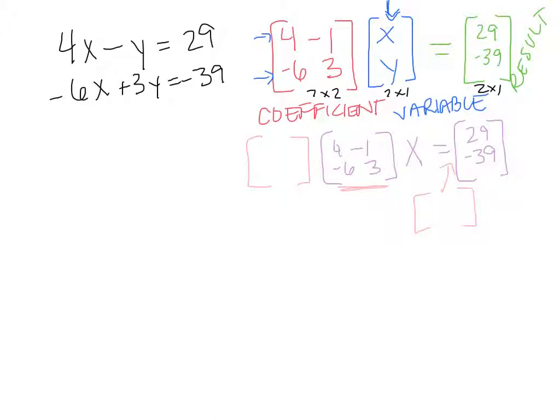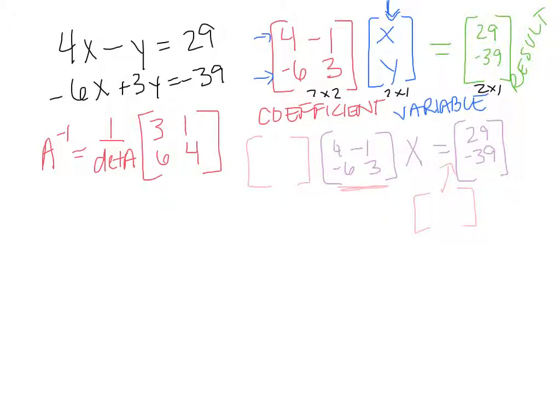So we need to find the inverse of the matrix. That's our first step: finding the inverse of the coefficient matrix. So remember that the inverse is 1 over the determinant of A times the mixed up matrix. So the mixed up matrix is flip those two, and these two switch signs.